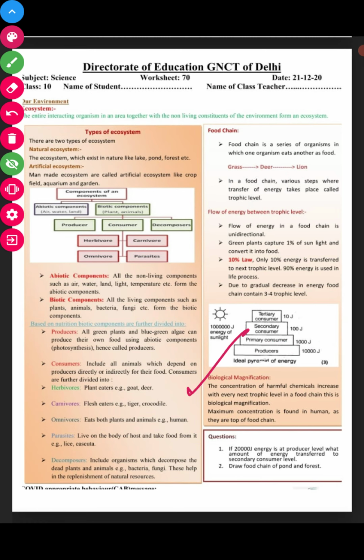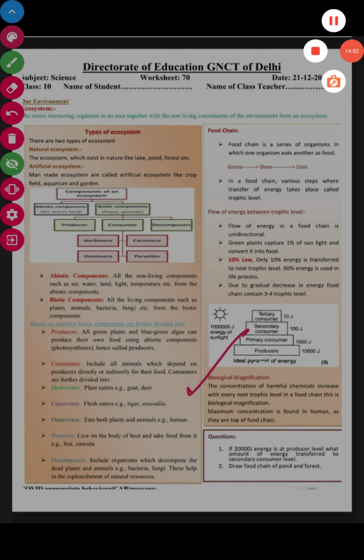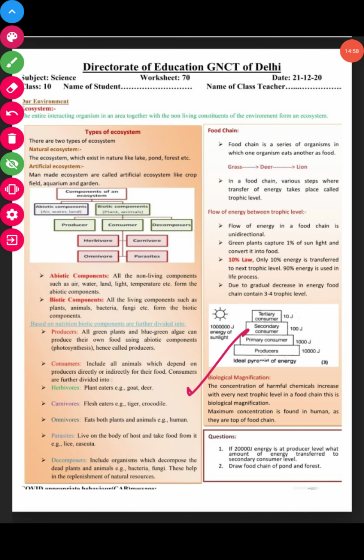Now, very important: biological magnification. This is the concentration of harmful chemicals increasing with every next trophic level in the food chain, and this is biological magnification.